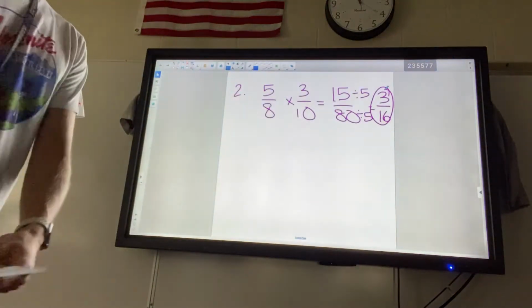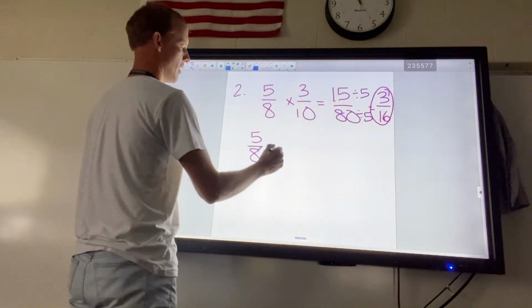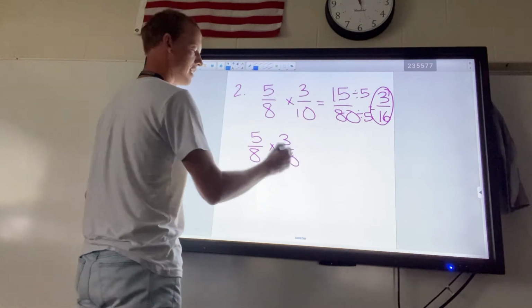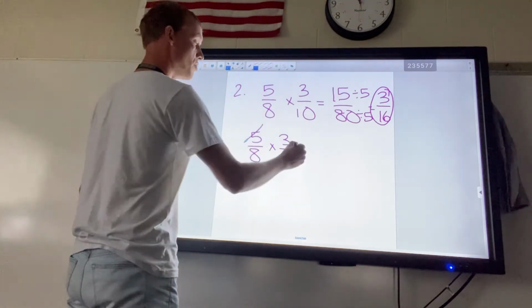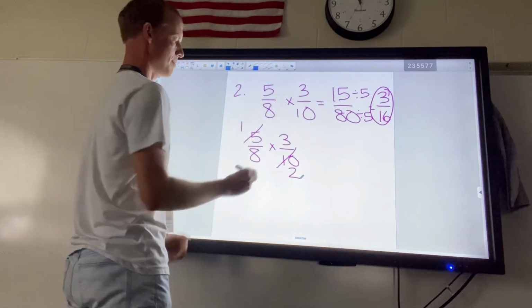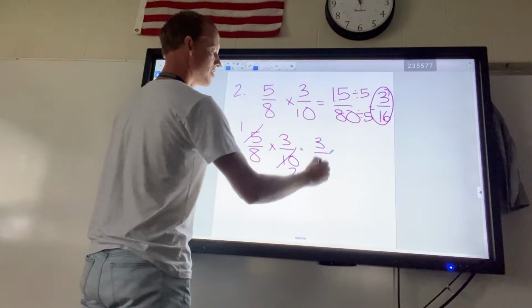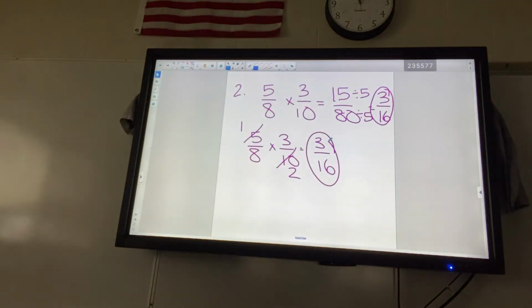Again, some of you are going to prefer that. I prefer you to do the cross simplifying, and once you catch on, it's very easy. 3 and 8 don't share any factors, but 5 and 10 do. You can divide them both by 5. The 5 becomes a 1, the 10 becomes a 2. These are just easier numbers to deal with once we make them smaller. This is how I'm going to show the next 2.